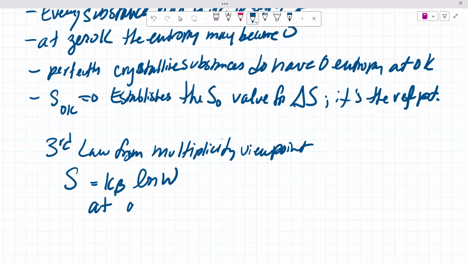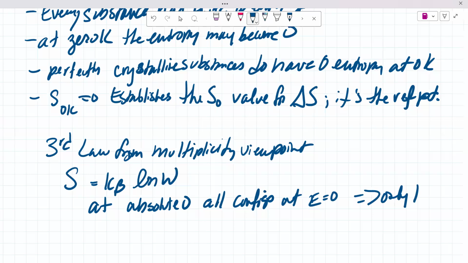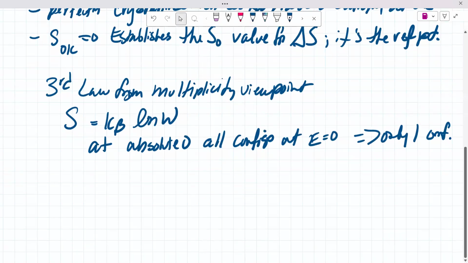At absolute 0, there's only one conformation accessible. In other words, if these were lattice proteins, remember we did the lattice proteins, they would all be folded.